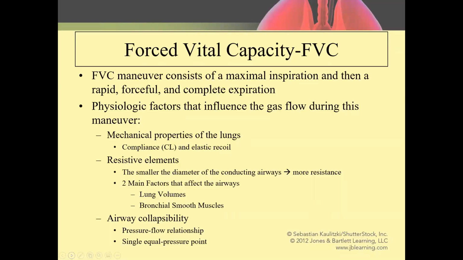Forced vital capacity maneuver consists of maximal inspiration, as I said, and rapid, forceful, and complete expiration. Physiological factors that can influence the gas flow are the mechanical properties of the lungs, so the compliance, resistive elements, so the obstructive elements, and airway collapsibility.